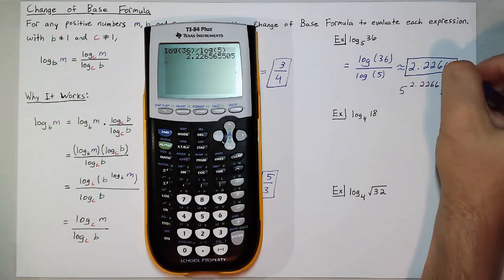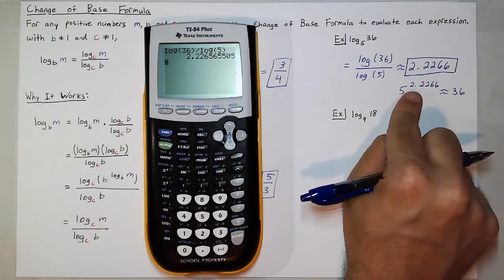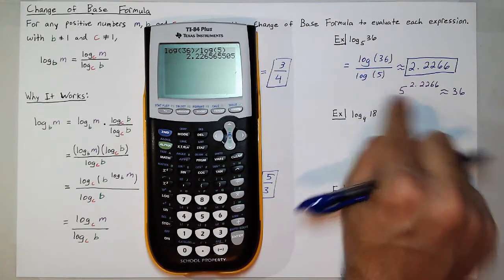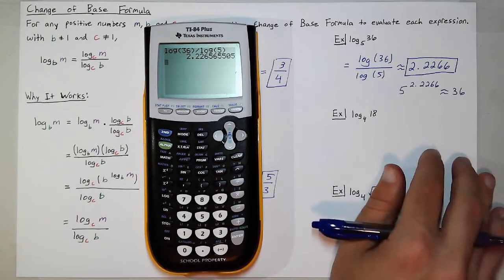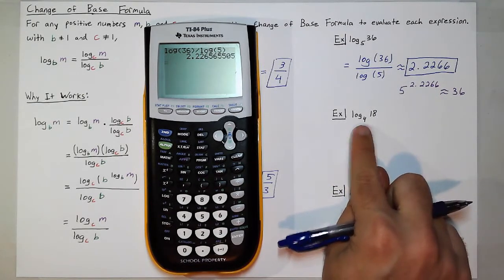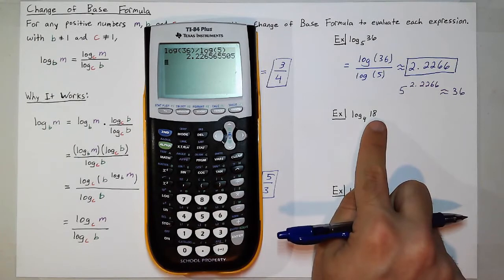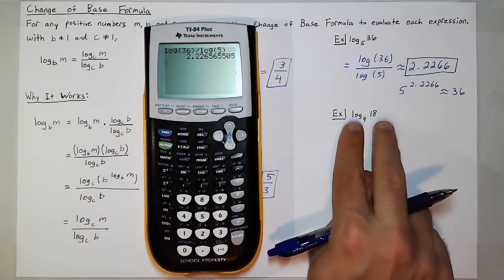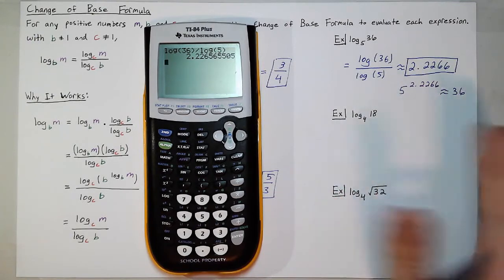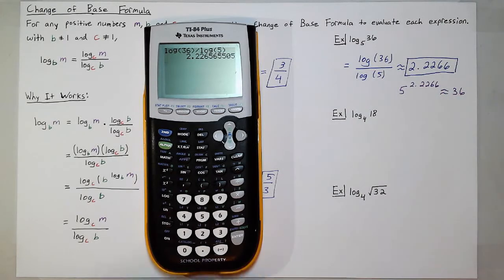That makes sense because 36 is bigger than 25, which would be 5 squared, and definitely less than 125, which would be 5 cubed. So it should be some number between 2 and 3. Here I could use that same logic to kind of guess where this would be. I know that 4 squared is 16, and 4 cubed is 64. So log base 4 of 18 should be between 2 and 3, because 4 squared is less than 18, and 4 cubed is more than 18.